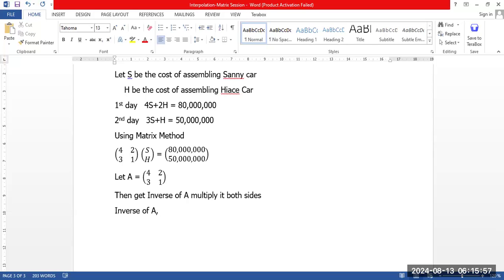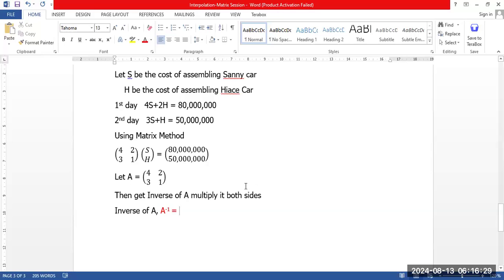You can write the inverse of A as A to the power -1, where this one represents the inverse. It is equal to, colleagues, do you recall how you get the inverse?